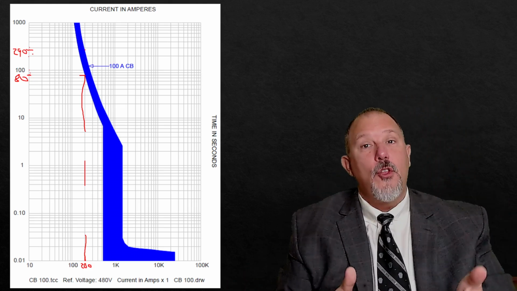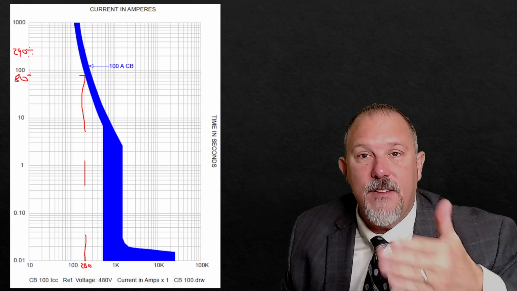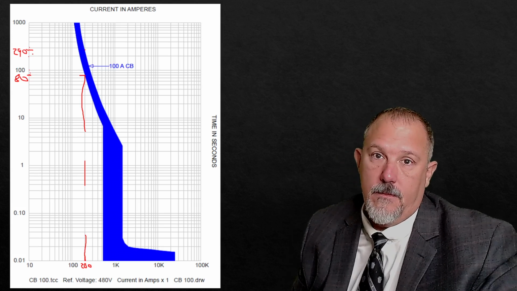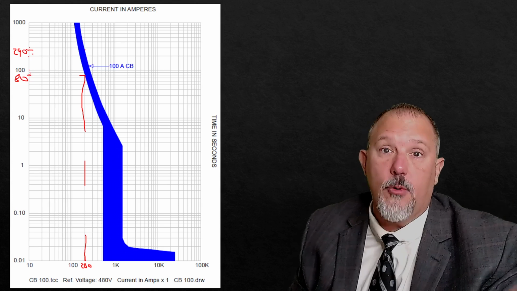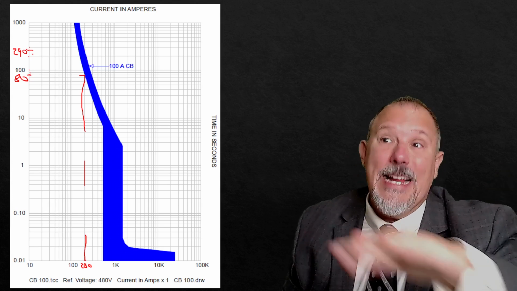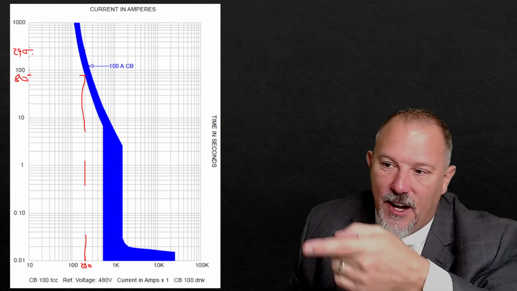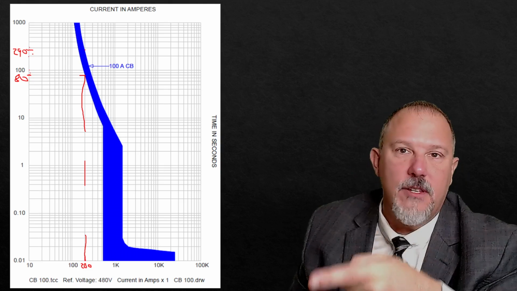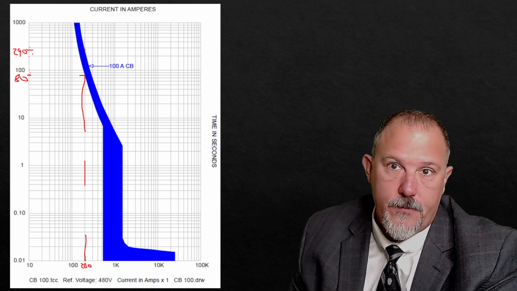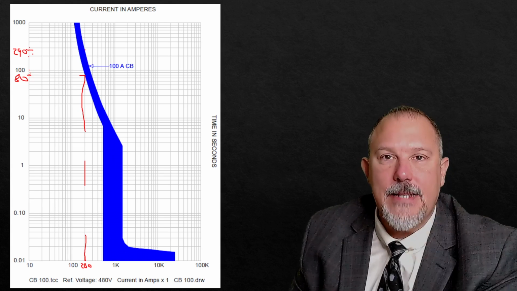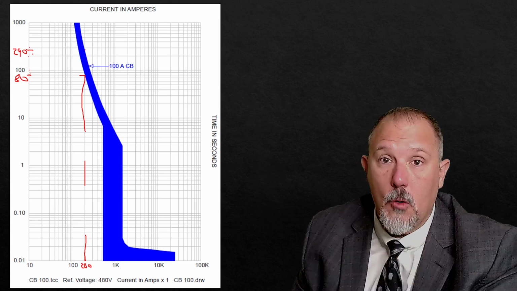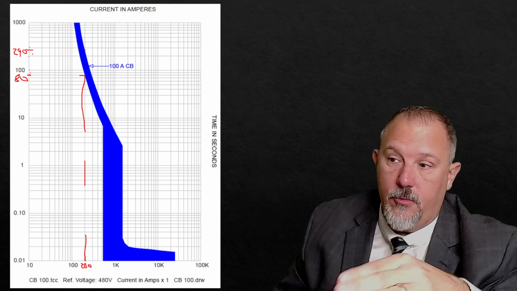And remember, you look at the current that's passing through this device. I don't care if it's a ground fault, a short circuit, or an overload. I don't care what it is. It is current of 200 amps passing through this device for whatever reason. It's going to take anywhere from 80 to 290 seconds for that device to open. That is what we call the overload region.